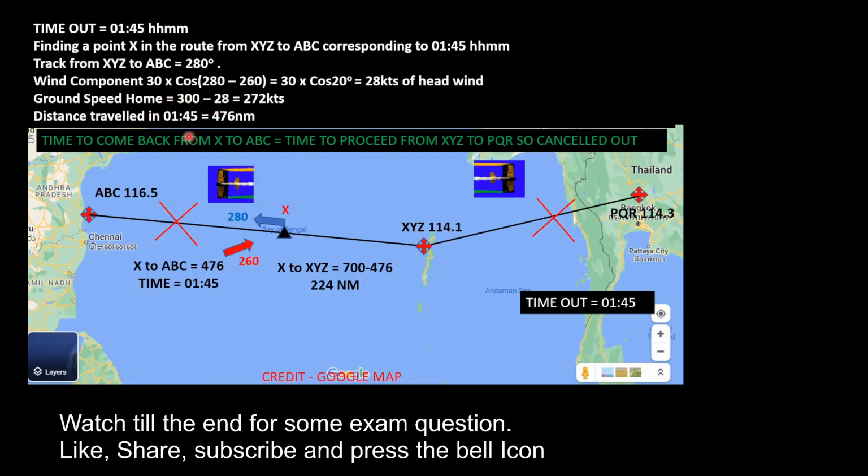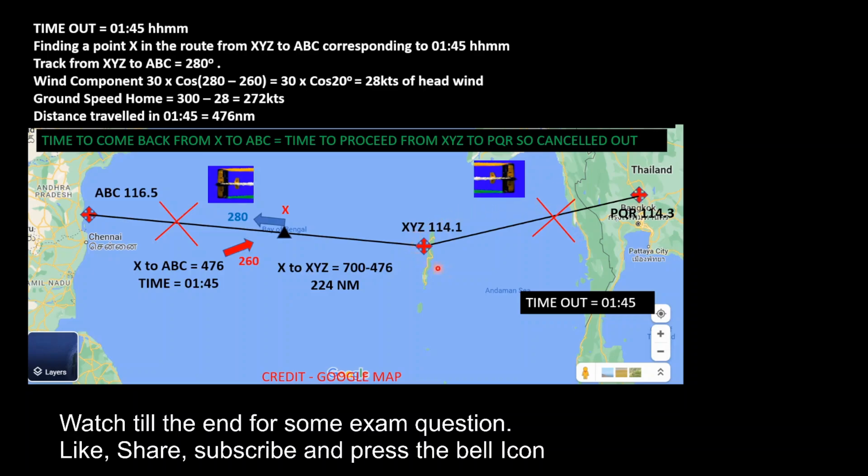So I have marked off a point here, X-ray, from where it takes 1 hour 45 minutes to come back to this base. Now from X-ray, if I have to come back to base, it takes 1 hour 45 minutes. Similarly from XYZ, if I have to proceed to PQR, it will take 1 hour 45 minutes.